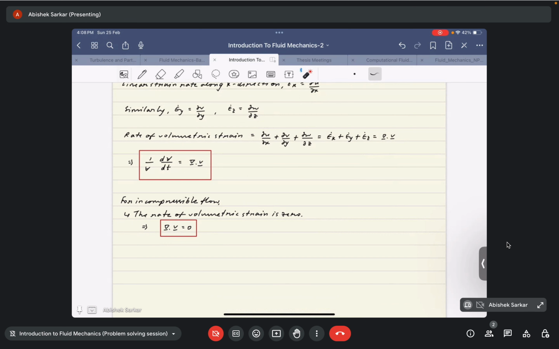So the volumetric strain rate would be dou u by dou x plus dou v by dou y plus dou w by dou z, which would be epsilon x dot plus epsilon y dot plus epsilon z dot, which would directly give us the divergence of the velocity field. So the rate of volumetric strain divided by the volume gives us the divergence of the velocity field. This is a very important definition.